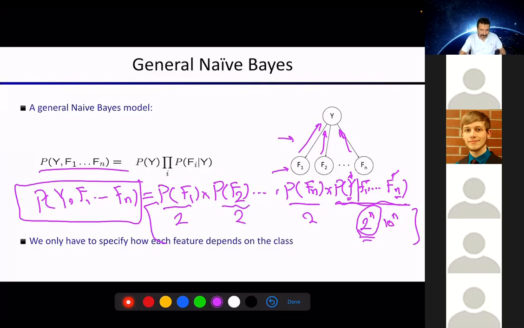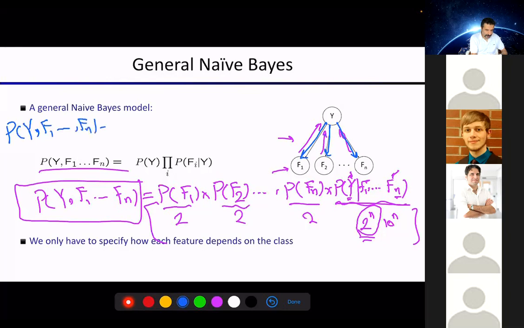But if we have this relationship the other way around, the probability distribution of y, f1, to fn factorizes into something very simple. We start again with the node that has no parents, p of y. It is very small, a table with 2 rows if it only has 2 values.